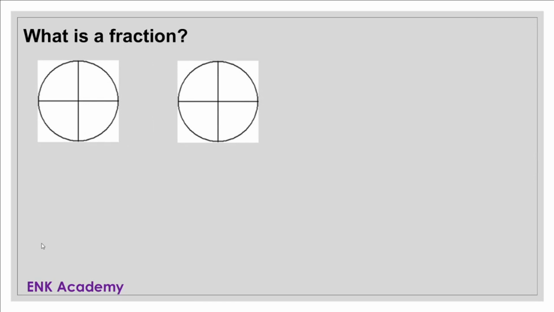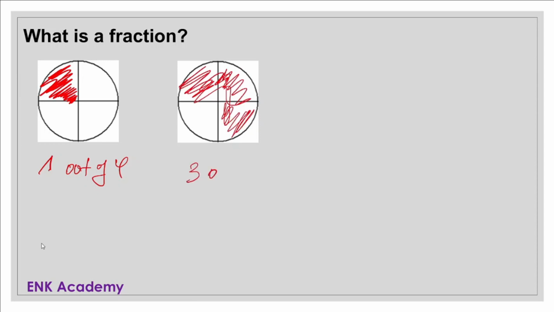So in other terms, if we have 4 of them, we can either use a single part, which is 1 out of the 4 parts, or we can also be greedy and say that we want to take 3 out of 4 parts.